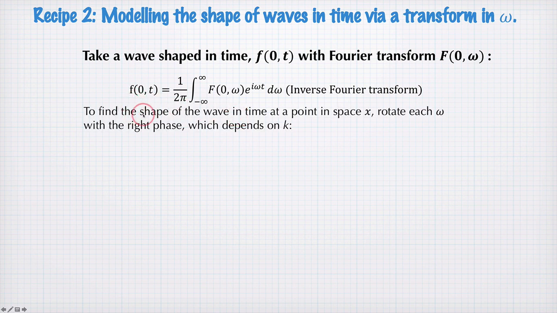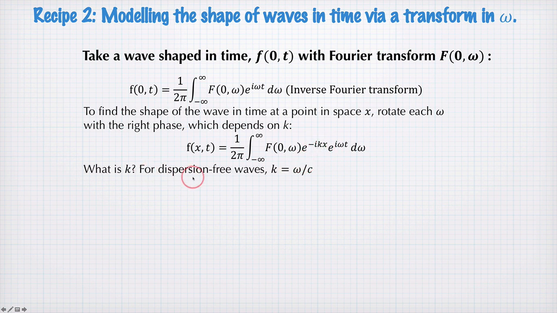Now, to find the shape of the wave at the point in space, we need to rotate each temporal frequency omega with some correct phase, and that phase is going to depend on k and x. So this function f of x and t is now the inverse Fourier transform of all our little Fourier components as a function of omega, but rotated now with e to the i kx.